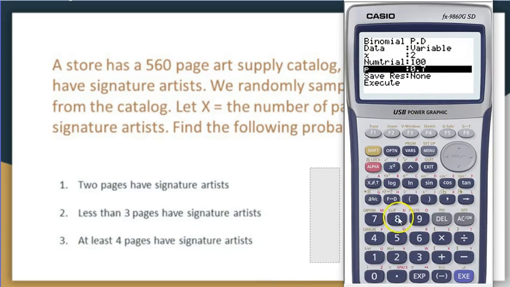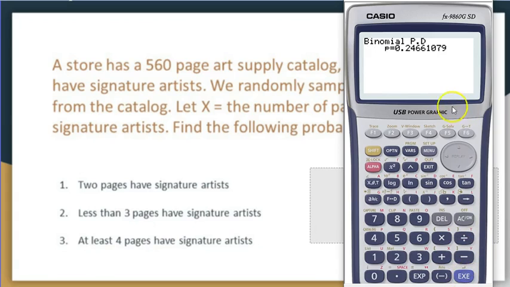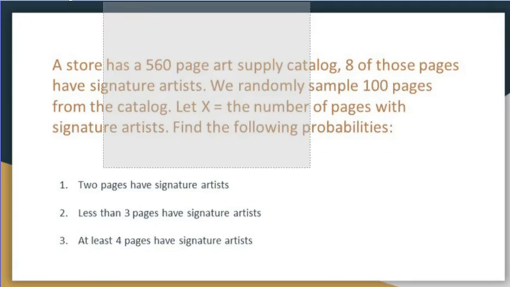So my P is going to be 8 out of 560. All right, and I'll let the calculator turn that into a decimal, that's fine. Okay, and so my probability there is 0.2466. So the probability that 2 pages have signature artist, all right, is 0.2466.